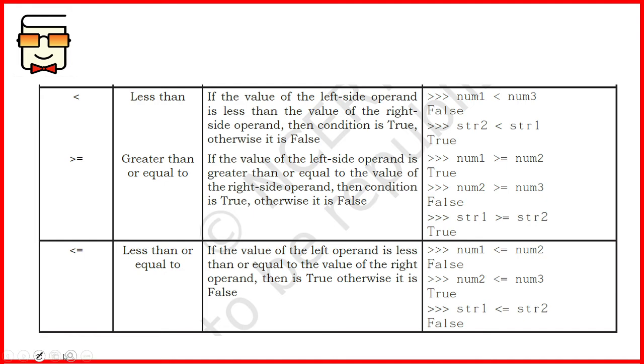Now coming to the next relational operator, which is the less than sign. The less than symbol again does the opposite of the greater than symbol. When you use it with numeric values, it finds out whether the numeric value on the left hand side is less than the numeric value on the right hand side, and it returns the result accordingly. In case of strings, it performs character by character comparison.